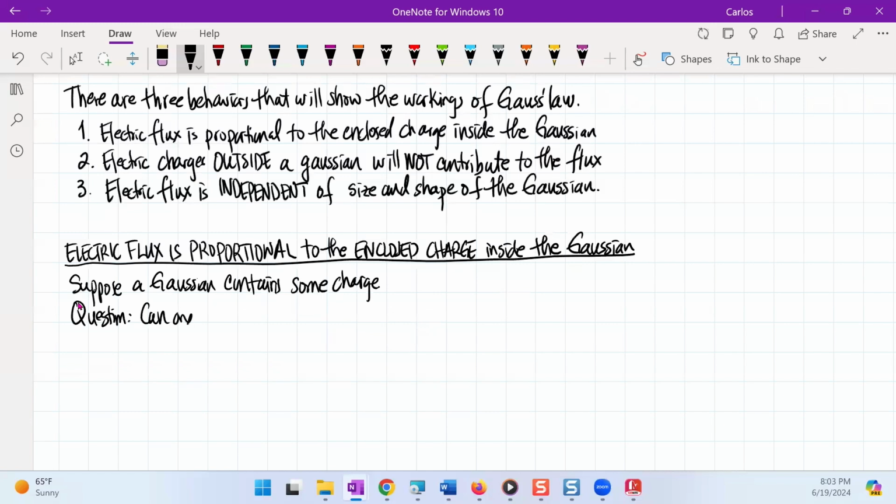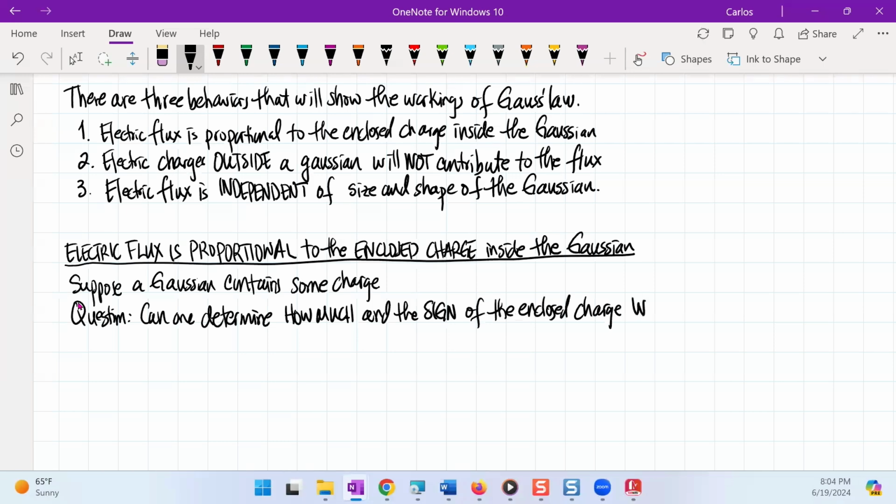Can one determine how much and the sign of the enclosed charge without looking inside?